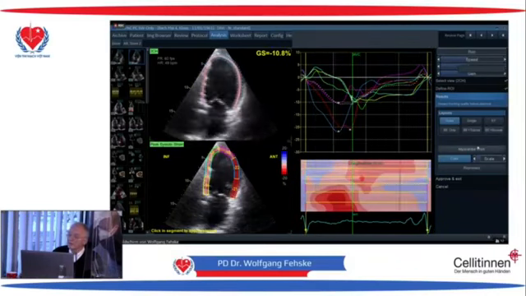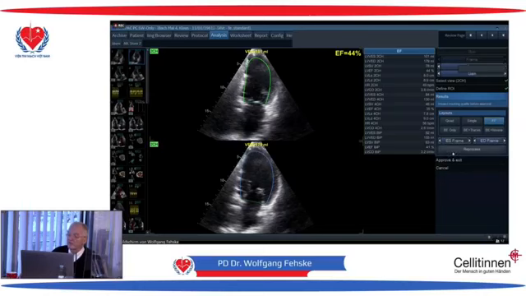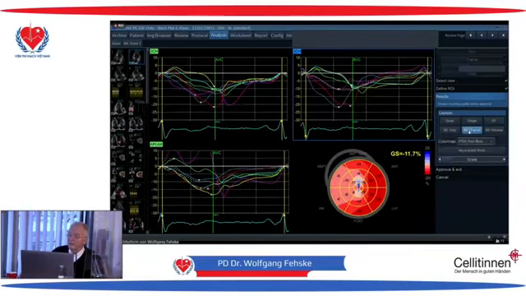Yeah, that is mega. Okay, now you see what is the result of that. We take the ejection fraction, you see it is 41%, and I do the bullseye, and in this case it's wrong. It is an artifact in this area, but this is an inferior infarction. You see it very nicely here. All that is the infarction.